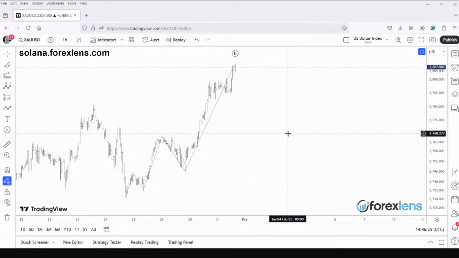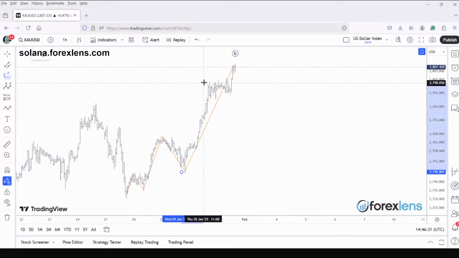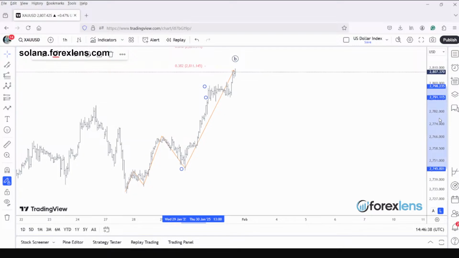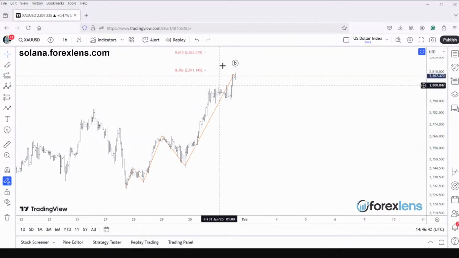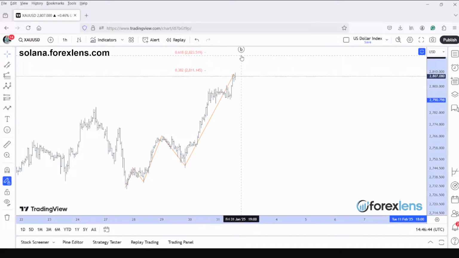And if we do take an extension of the fifth wave, it is showing 2811 and 2823. So these two are quite possible still, 2811, 2820. All right, this is one way to count.